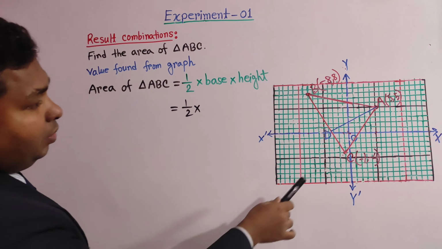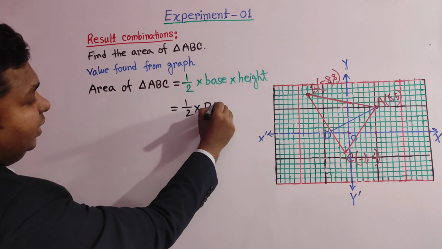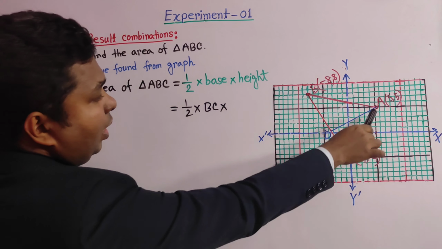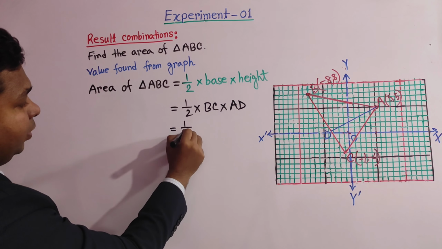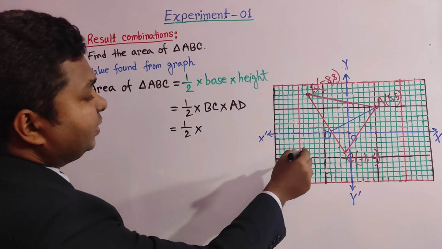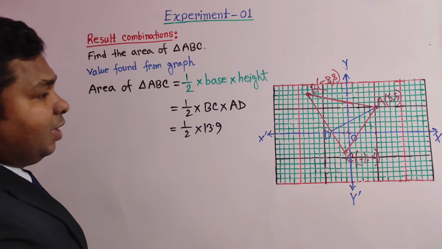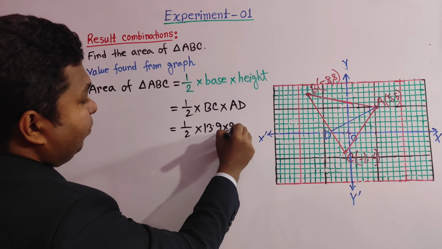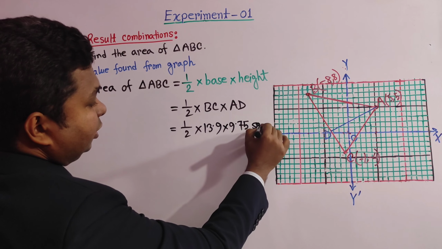From the graph paper we get the base is BC, so BC into height. Height is AD. So the area equals half into BC into AD. The value of BC is 13.9 units and the value of AD is 9.75 units. So the area is in square units.